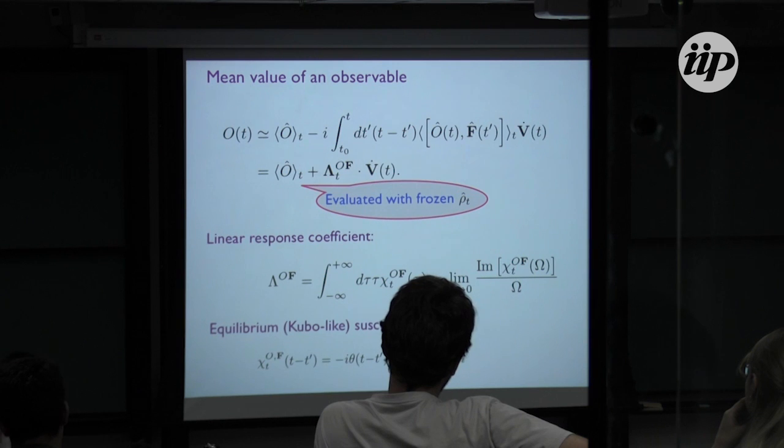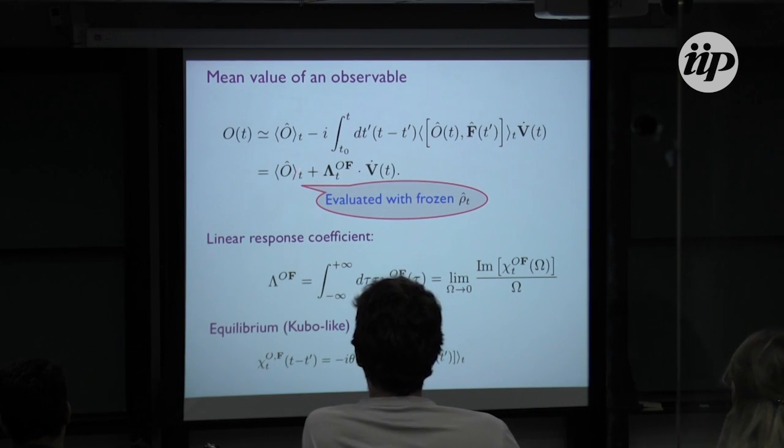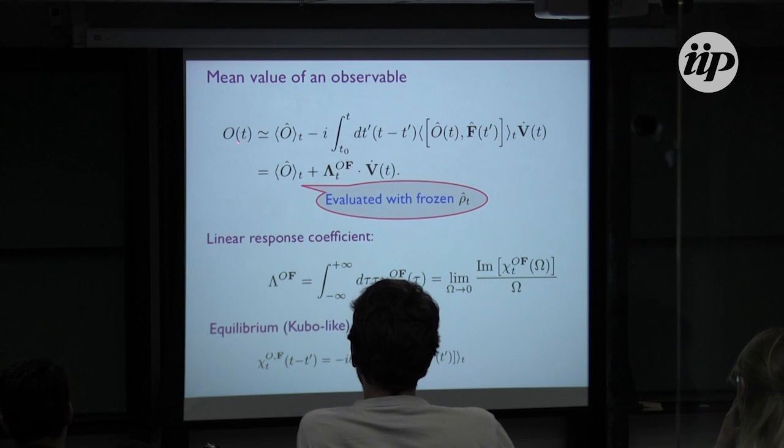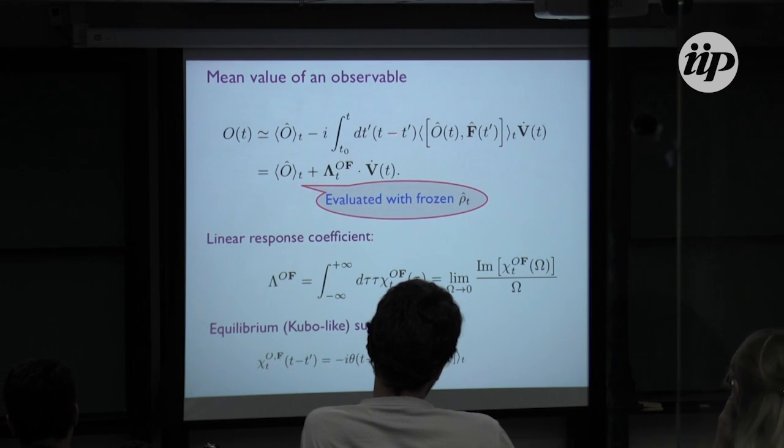Now, similarly as in a Kubo treatment, if we evaluate the mean value at time t of any observable, we are going to have a mean value with the density matrix corresponding to the Hamiltonian frozen at the time t, plus a correction which is proportional to this v dot.